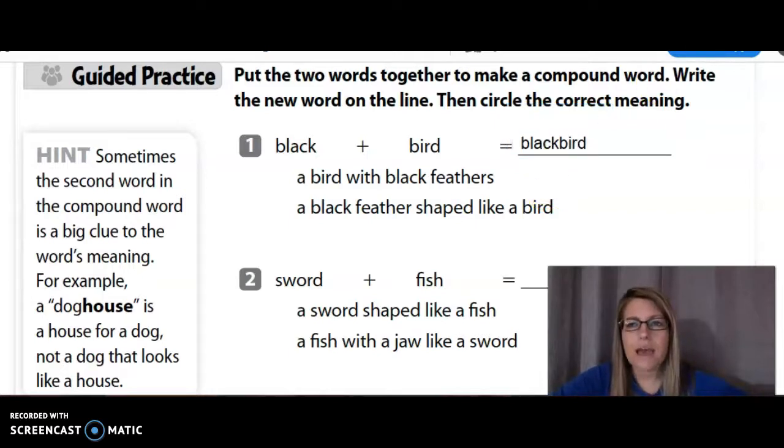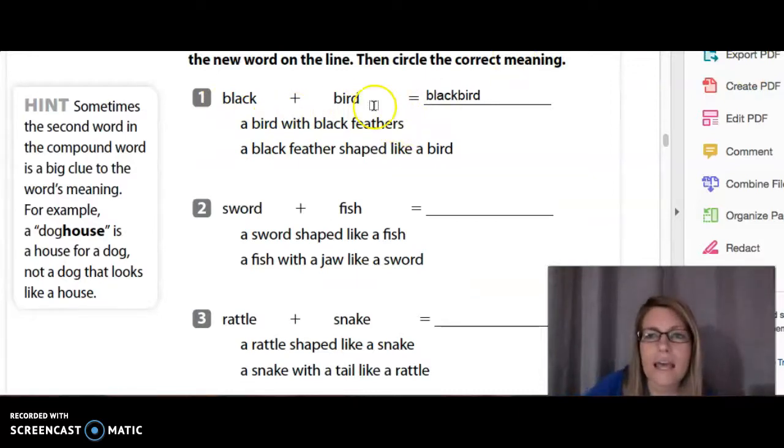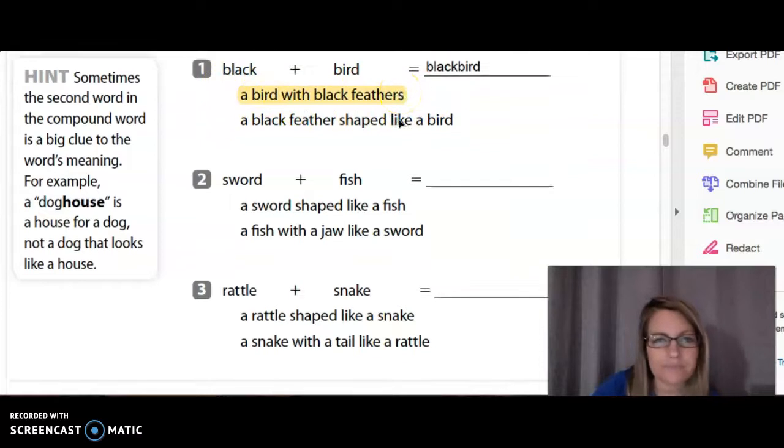Do we think that a blackbird is a bird with black feathers, or a black feather shaped like a bird? Well, a blackbird would probably be a bird with black feathers. So I'm going to circle or highlight the first choice.